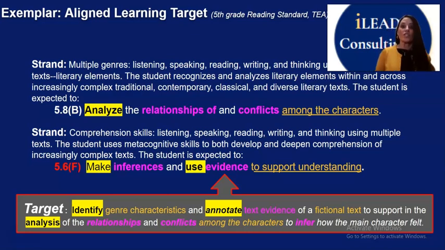But even more so, if I did not yank that standard apart to its base level by deconstructing it. Those two processes are essential prior to getting to this part, the learning objective. And remember, this isn't just a compliance measure. This is something that truly guides your instructional consideration.